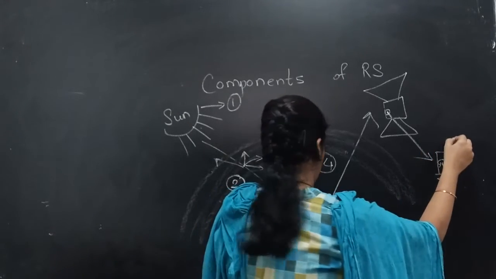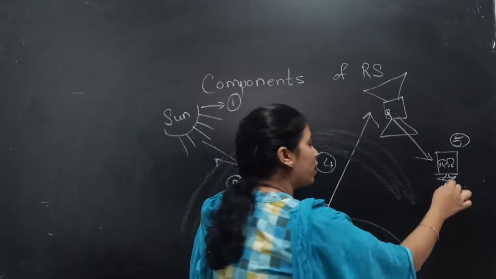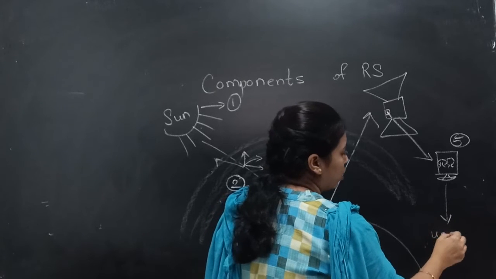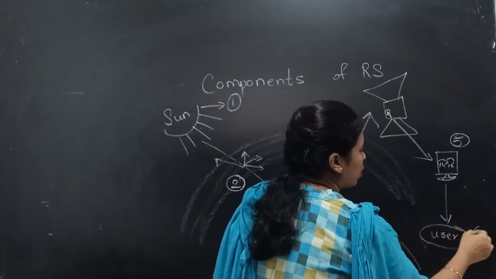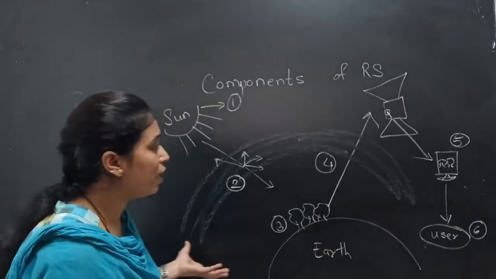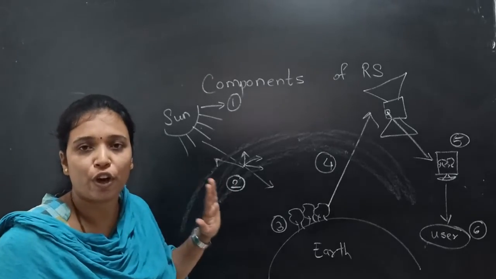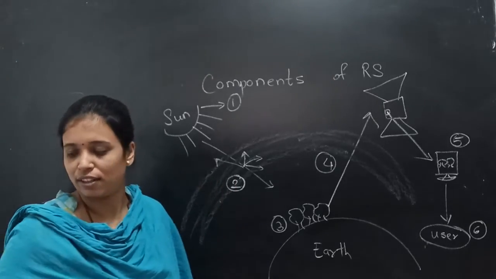This is the fifth component. And after that, we users use the images for our study purpose. So in a diagram format, this is the explanation of the components of remote sensing.